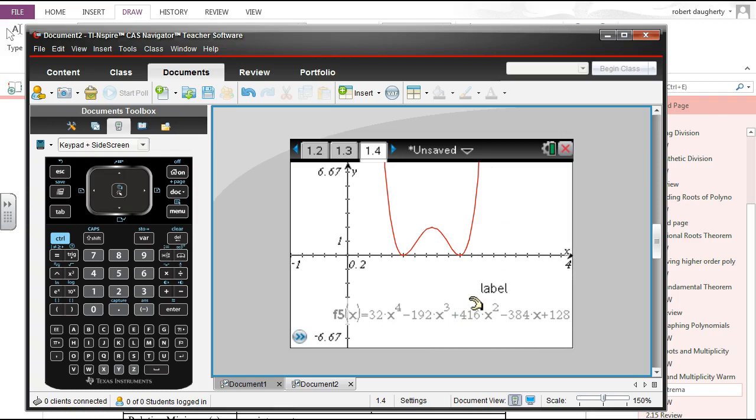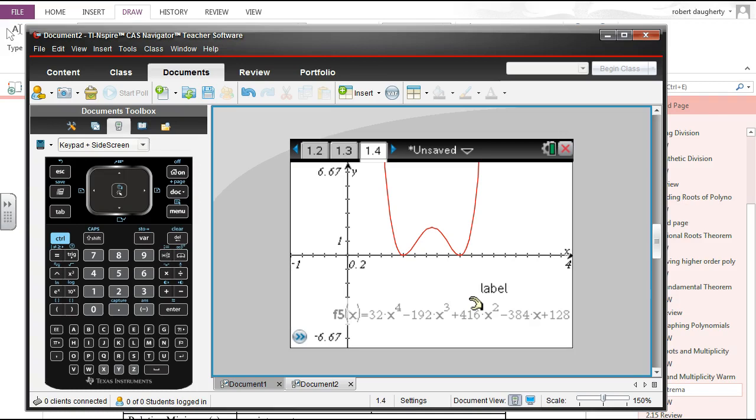Now, I want to be able to answer questions about this. It looks like a relative, usually an absolute minimum, right? And this looks like an absolute minimum. This looks like a relative maximum. These also look like what? They're the x-intercepts, okay?